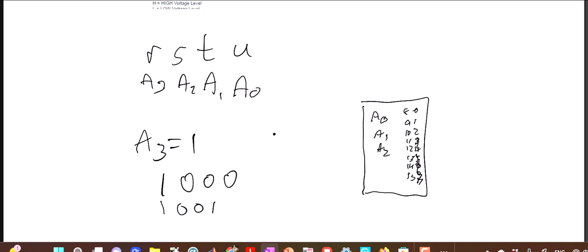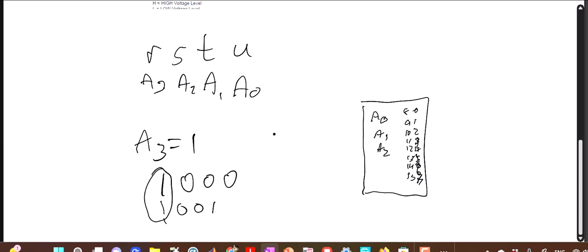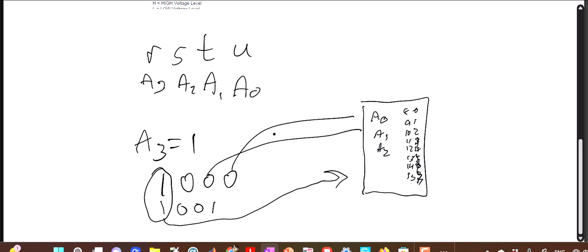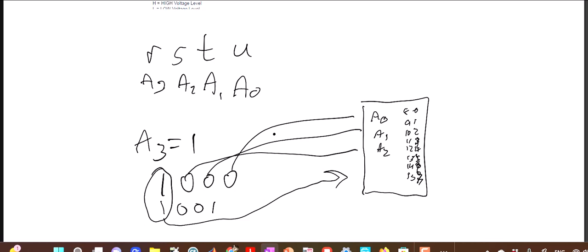So the first bit is 1 for all of them. If I let this first bit be the enable for this decoder, and then use these for A0, A1, and A2, then this will give me the correct result when this first bit is 1.